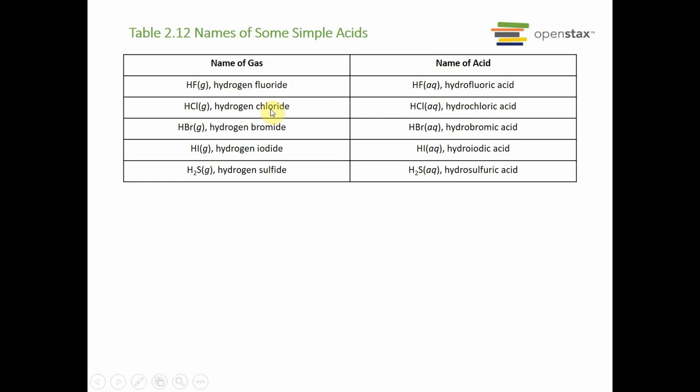Hydrogen chloride forms hydrochloric acid. The gas hydrogen bromide, then its acid is hydrobromic acid. Hydrogen iodide is hydroiodic acid, and hydrogen sulfide is hydrosulfuric acid. Now, don't confuse this with sulfuric acid, which is something else entirely.